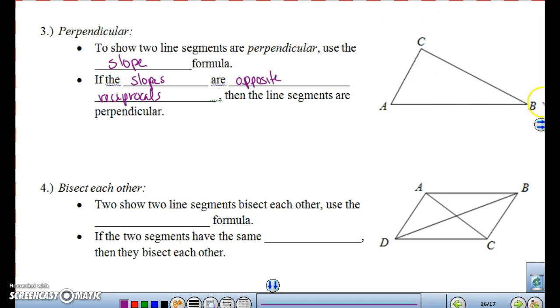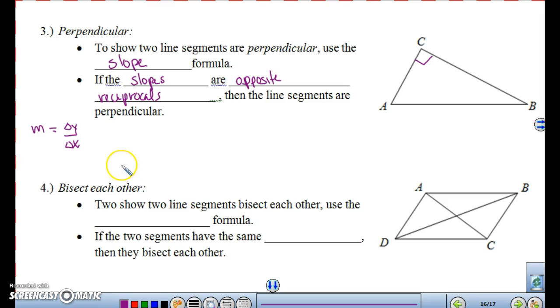So if I was looking at my triangle over here and I wanted to see if two line segments are perpendicular, it kind of looks like AC and BC are perpendicular. To prove that, I'd have to use my slope formula, delta y over delta x.